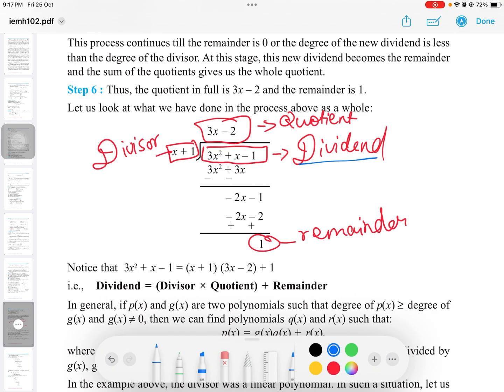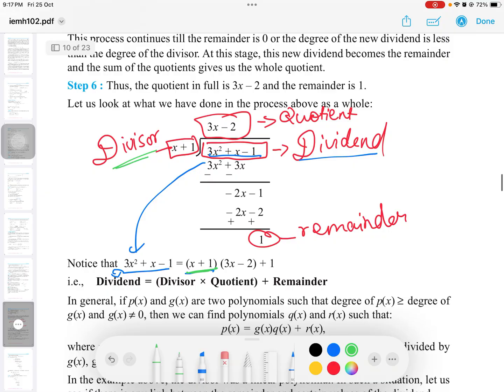Now let's see the dividend. This thing is here, that thing is just this. The divisor, let's use another color. That's this and that's this, and the quotient is this and this.